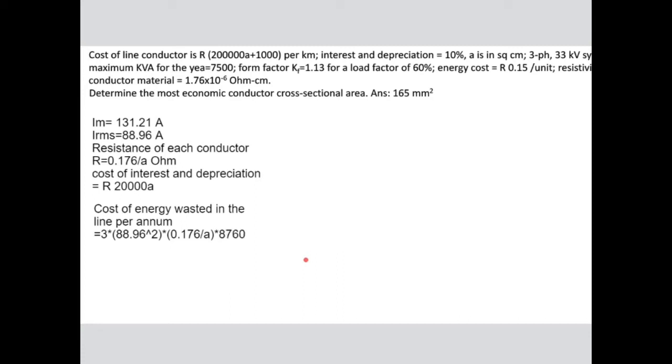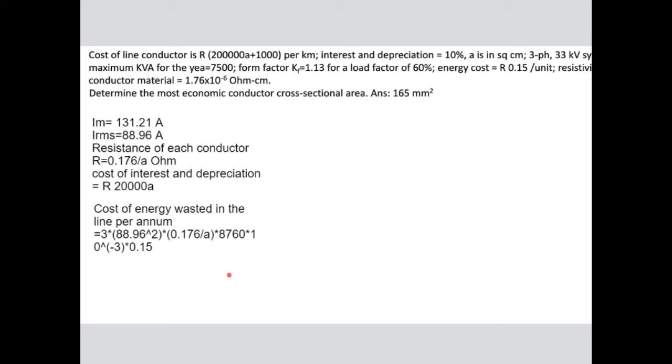In this case, there will be no loss factor involved, so it's directly only 8760 hours. Then we have the kilowatt hour part, 10 to the power minus 3. Then we have the rate of energy, which is 0.15.